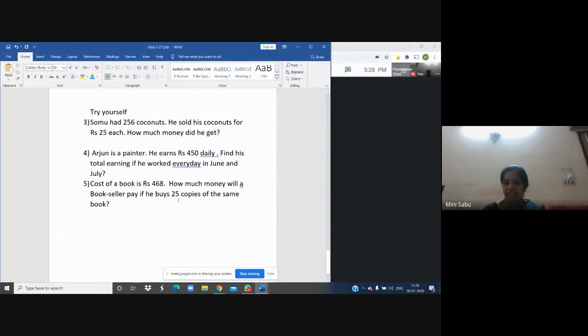This is easier, no? Direct. Then what will you write in the form of steps? Cost of a book, very easy, is given equal to rupees 468. Then cost of 25 books equals 468 into 25. You can write and multiply, then you will get the answer. Then you can finally write, so 25 copies of the book cost dash rupees.